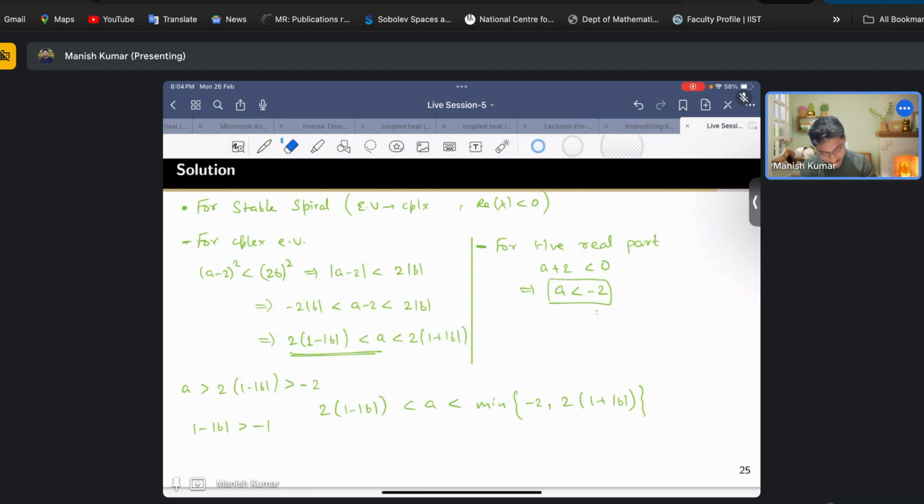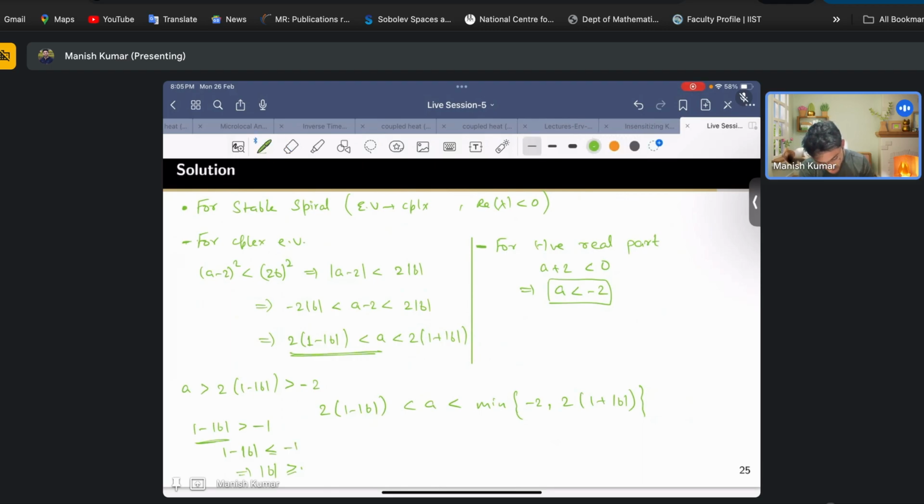We should put that 1 minus mod b should be less than or equal to, sorry, minus 1. So it is minus 1.